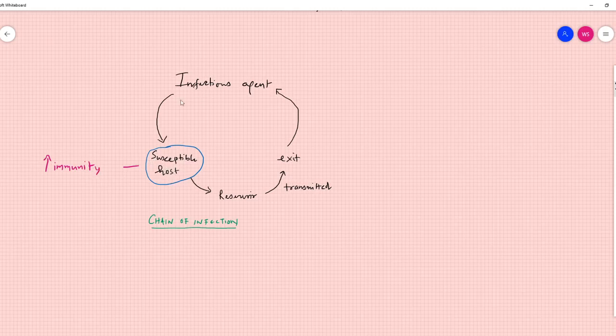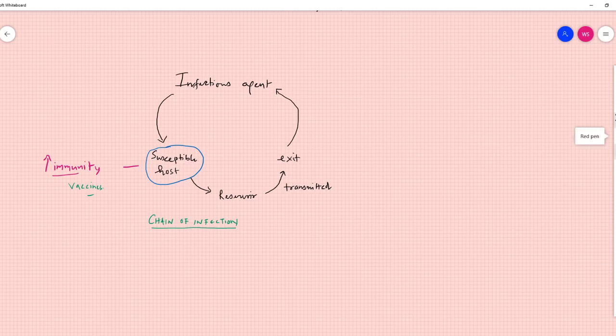So even if there is an infectious agent coming, because of the host having immunity, it won't be able to establish and cause a disease. So how can we increase the immunity? If you said vaccines, you're absolutely right. We can increase the immunity by administering vaccines.